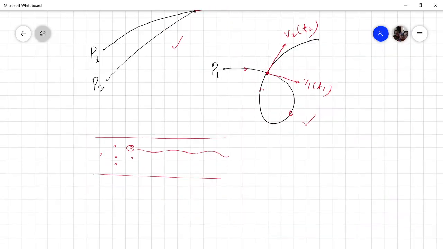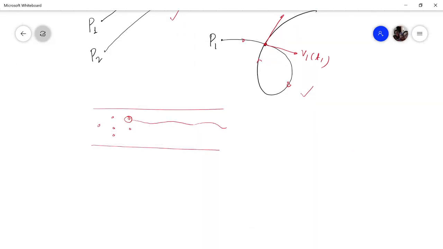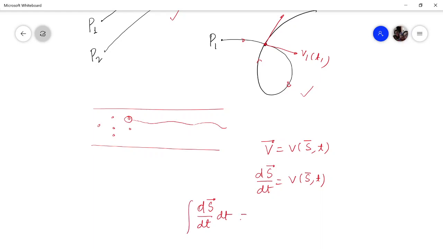When it comes to mathematics, and you want the equation of this path, that is not a big deal. Let us say the field is defined by the Eulerian approach, that is V is this, then velocity can be written as the rate of change of displacement. If you integrate this equation, you can get the equation of the path followed by this particle, or any particle in the flow field.